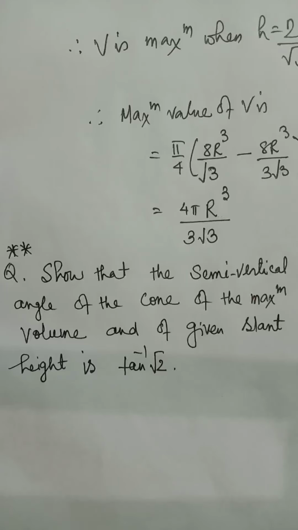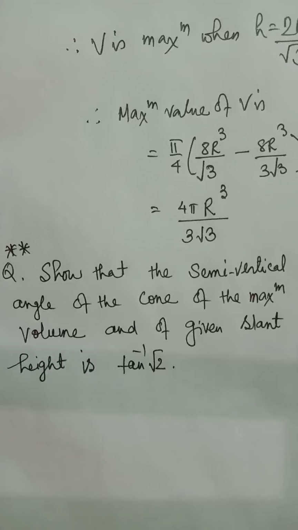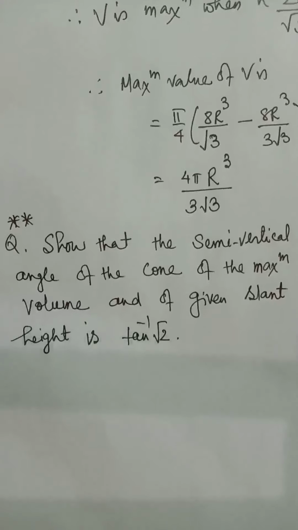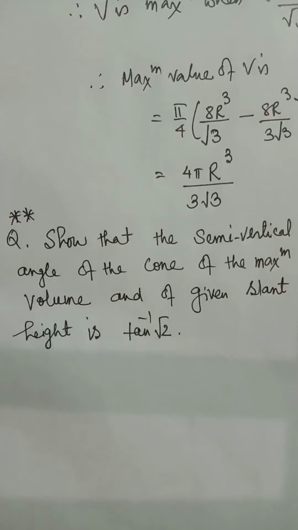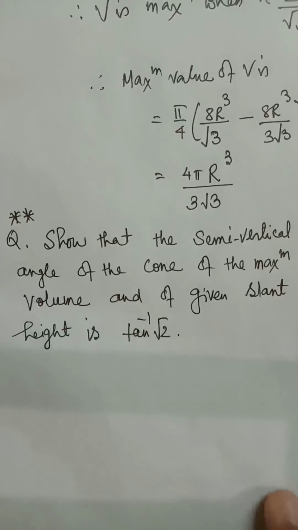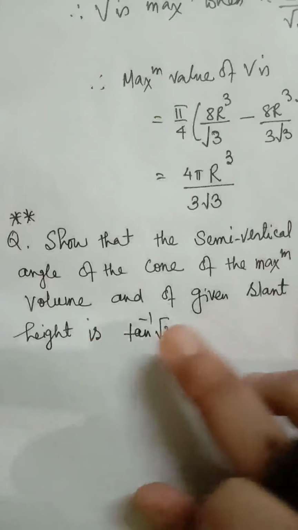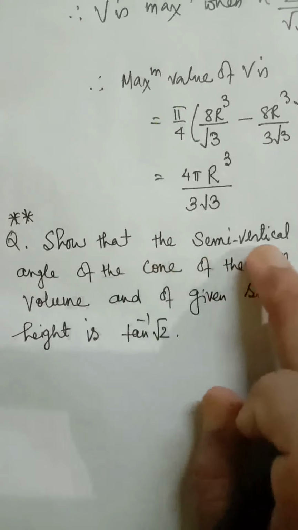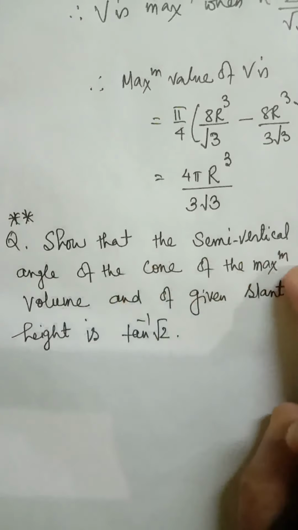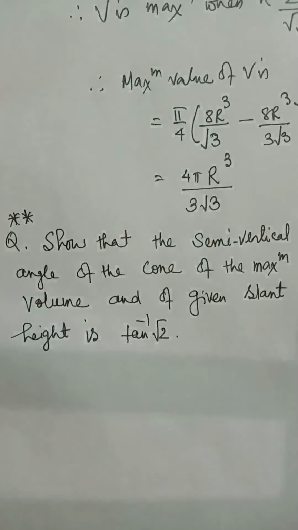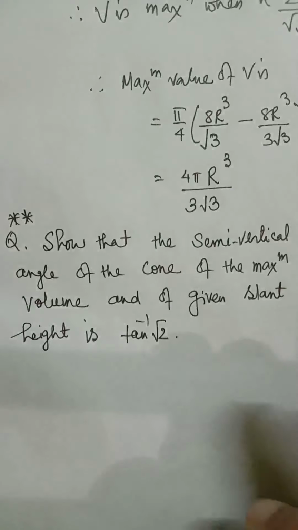Our next question is from the NCERT book. Show that the semi-vertical angle of the cone of maximum volume and of given slant height is tan inverse of root 2. Now if we consider different cones with a fixed slant height, suppose the slant height of a cone is given, say 10 meter.